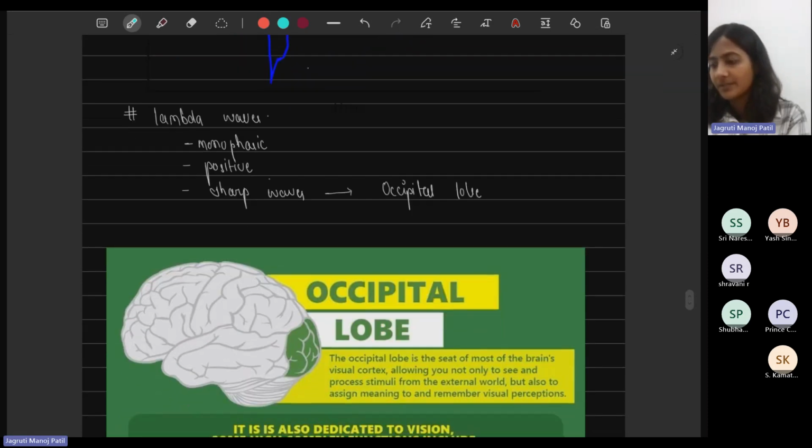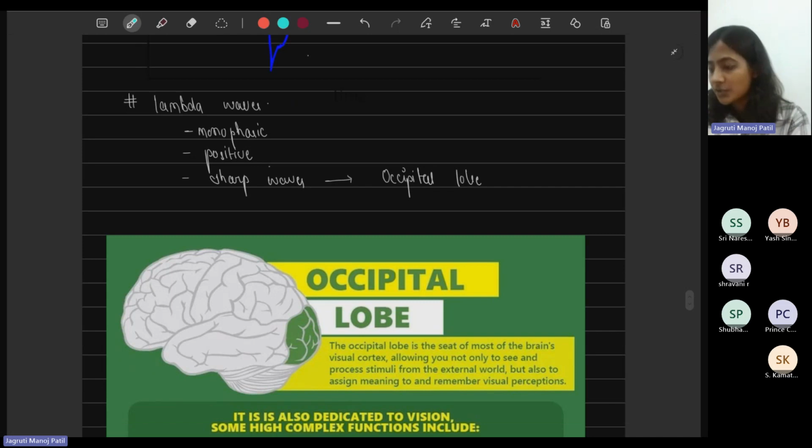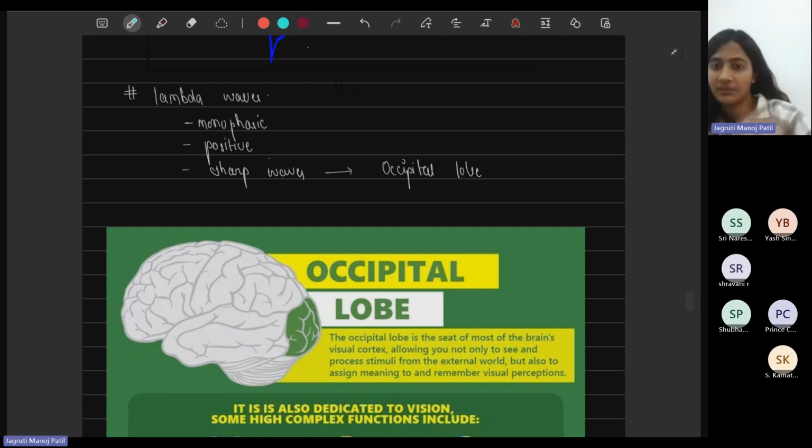Then you have lambda waves. These lambda waves are actually monophasic waves. I'll show you how they look. These are positive, again sharp waves, and they occur from your occipital lobe. We saw in the very first week that we have the central nervous system, and then the frontal lobe, temporal lobe, parietal lobe, and the occipital lobe. Different lobes are associated with different activities.